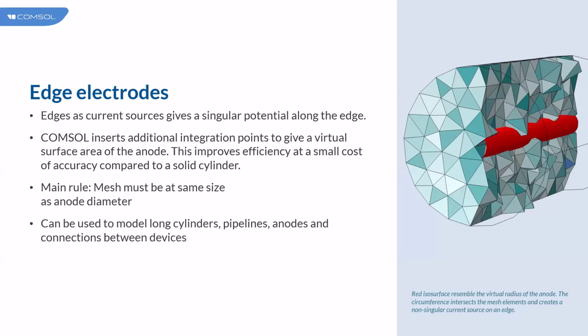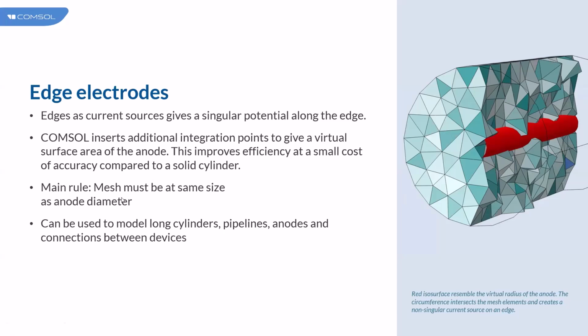So for these edge electrodes, COMSOL inserts additional integration points to give a virtual surface area of the anode. And this is shown in red here on the figure on the right side. This improves the efficiency at a small cost of accuracy compared to a solid cylinder. So you will have much fewer elements, but a few more integration points along this surface.